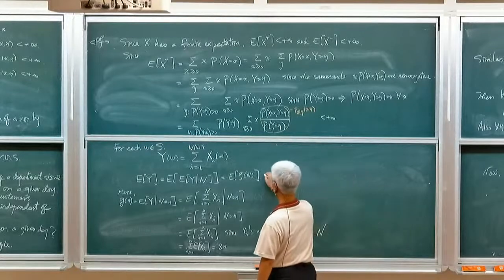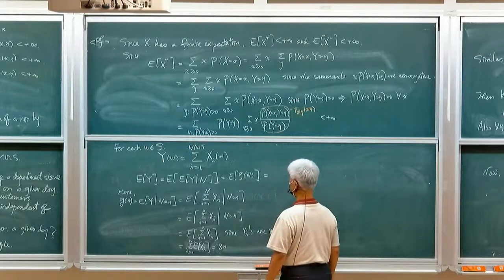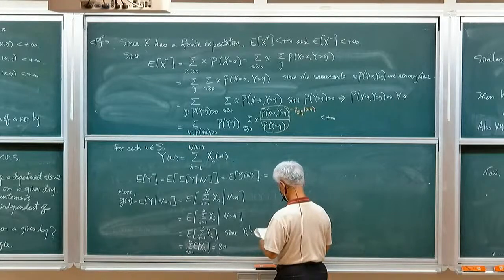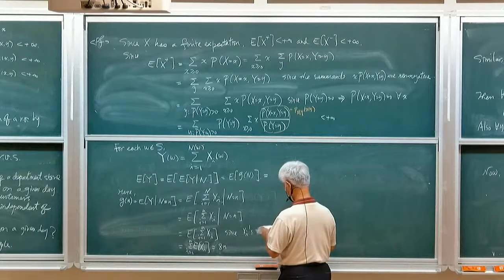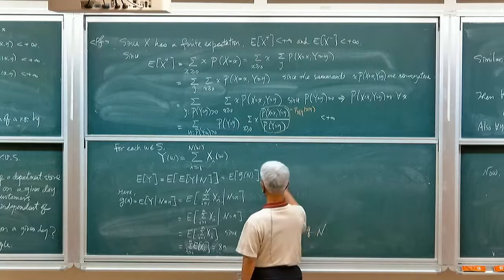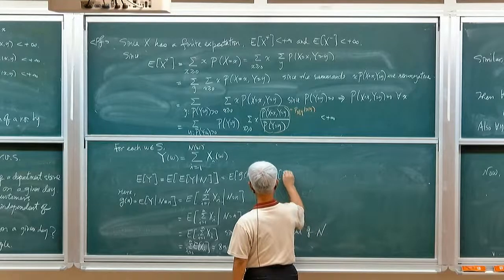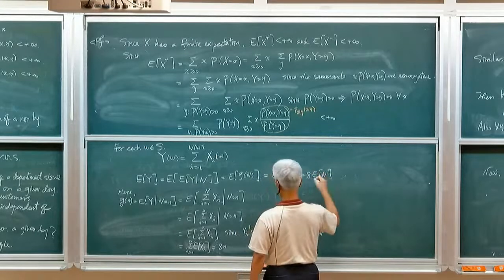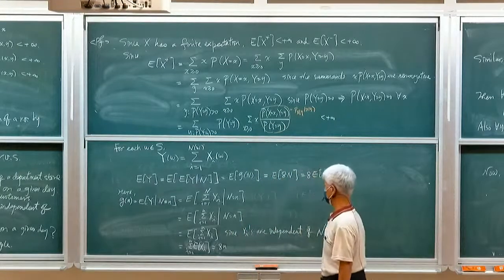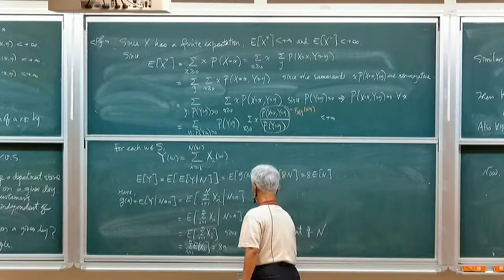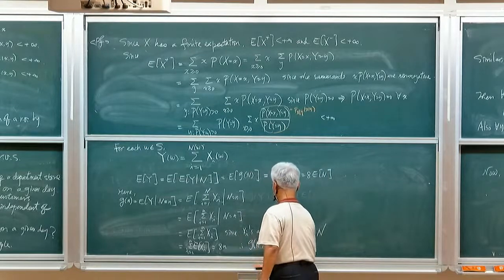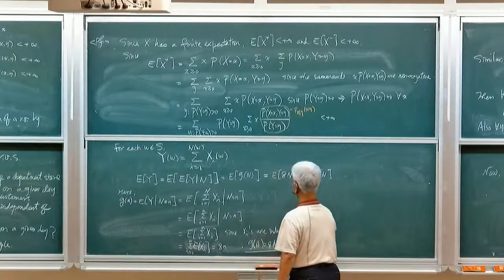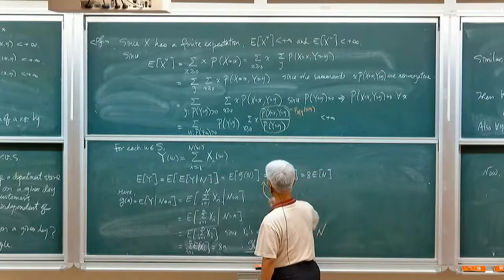Okay, so we plug into here. So this is the expectation of 8N. So it's 8 times the expectation of N. So that g of n is equal to 8n. Okay, and we look to here.